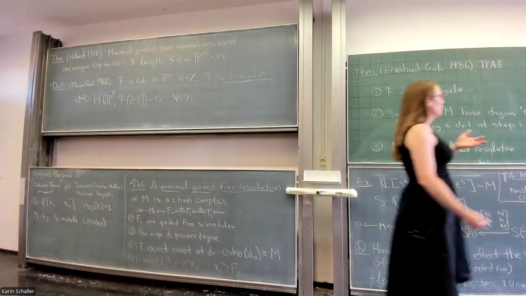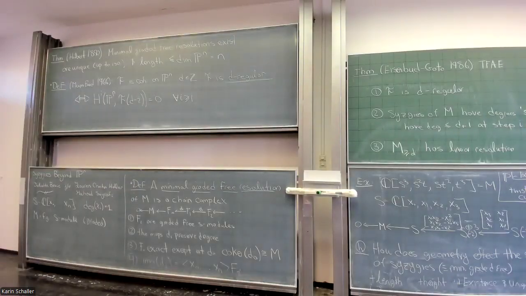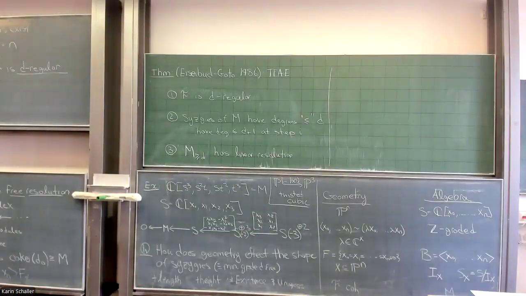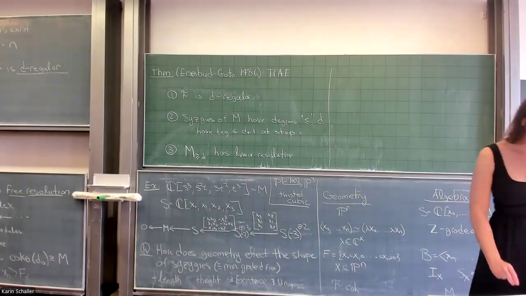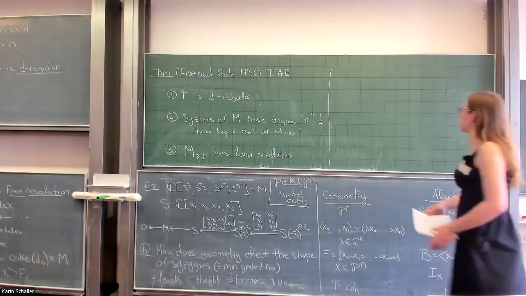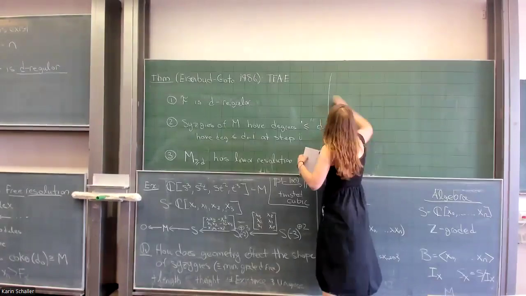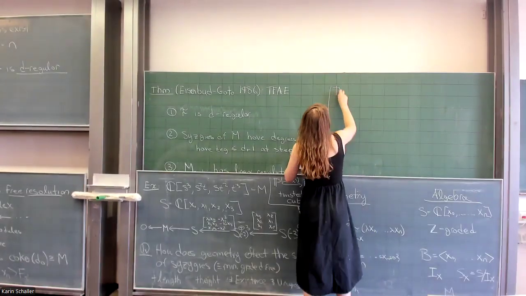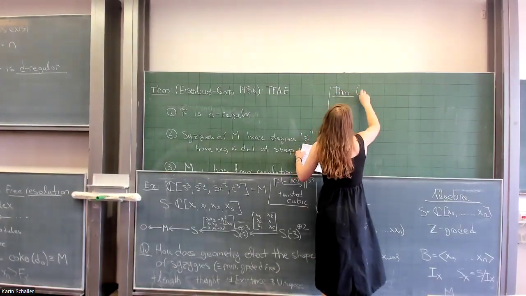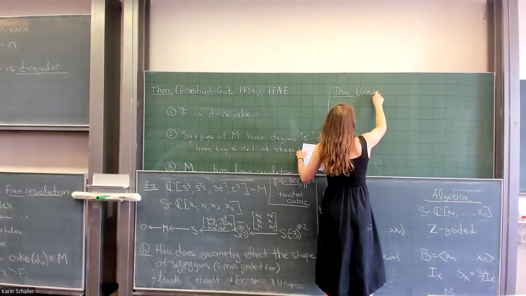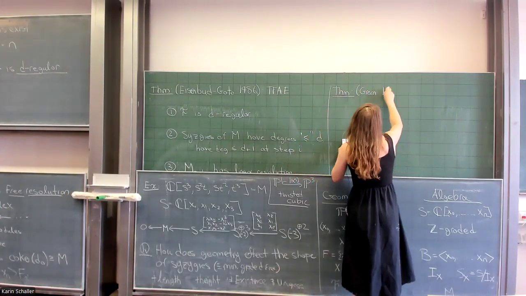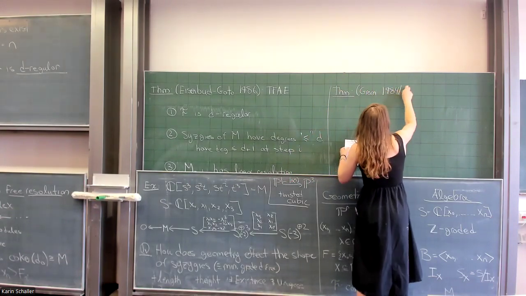And it turns out, at least in the case of curves, there's an entire beautiful story saying the syzygies of curves connect to the geometry of the curve. And let me give you one taste of such a result. So this is a theorem. Originally proven in one direction by Green in 1984/85.